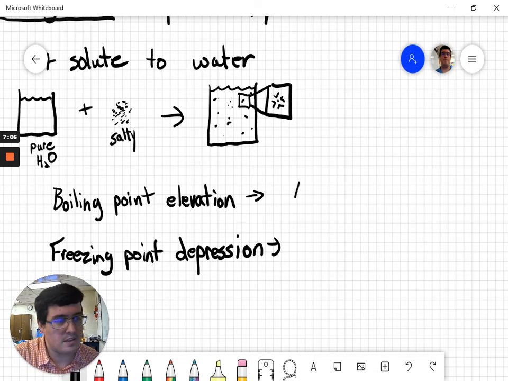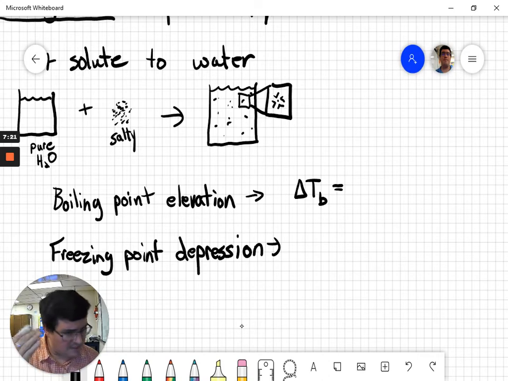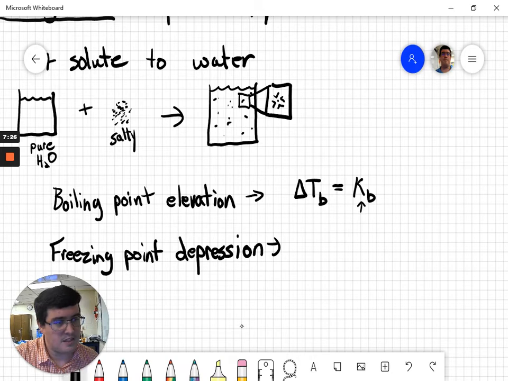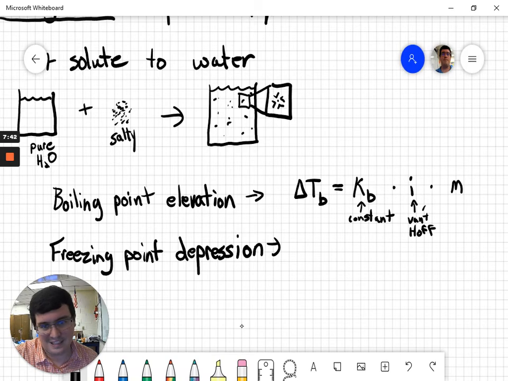For boiling point, the change in temperature at which something boils, aka delta TB, this is why we looked at delta T when we were doing this, is equal to, and people give these in lots of different orders, this is the order I prefer, KB, that is just a constant, times i, the Van Hoff factor, times molality.